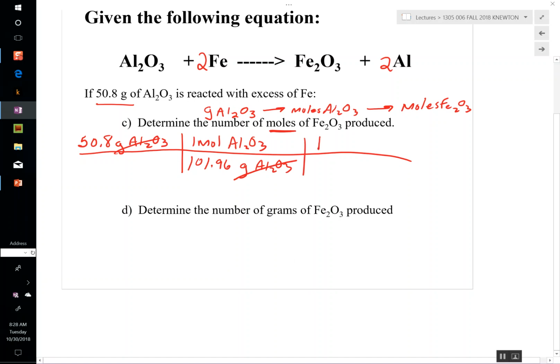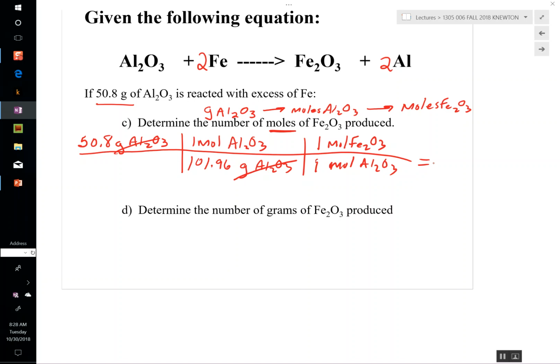And look at this. There's 1 mole of iron oxide for every 1 mole of aluminum oxide. Now that stoichiometric factor doesn't change the number at all, but don't ignore putting that in there. If you just say, oh, I don't need to put that in there because they're both 1s, the next time you'll forget to use the factor, okay?